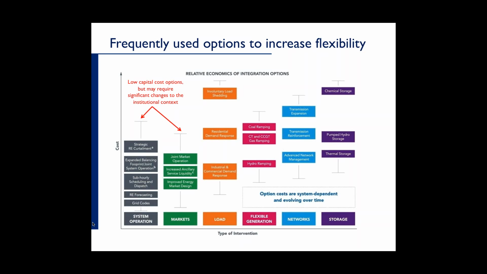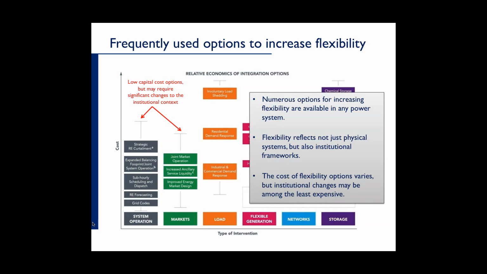So if I'm a company, I can easily turn off or turn down my productive process for a while. I get a payment for that in return. That might be nice for everybody. Flexible generation is also clearly important. Some generation is more flexible than other types of generation. So that can be a source of flexibility. And then obviously transmission networks help deliver the energy to where it needs to go, and then storage.